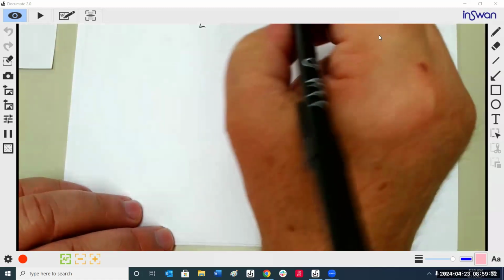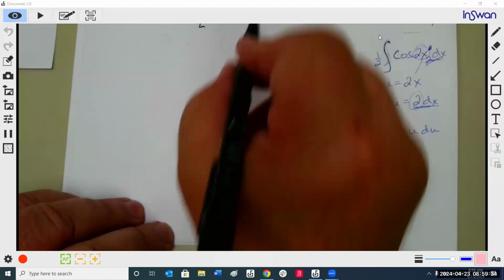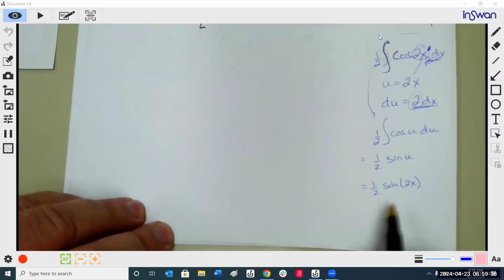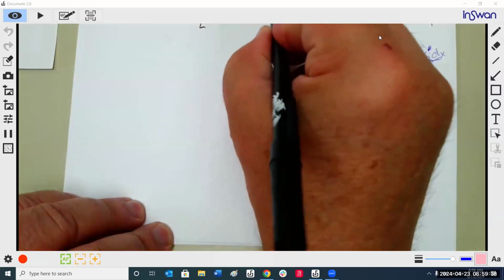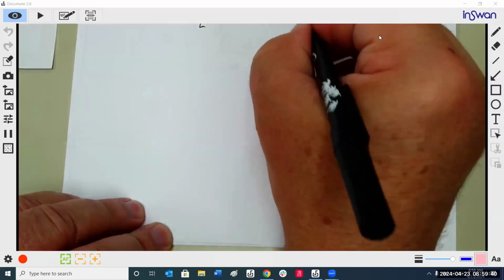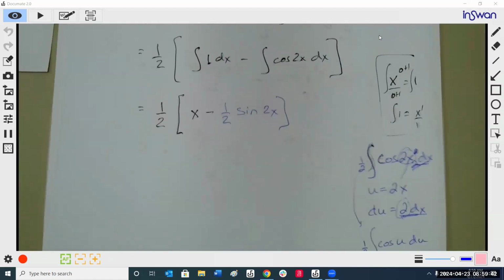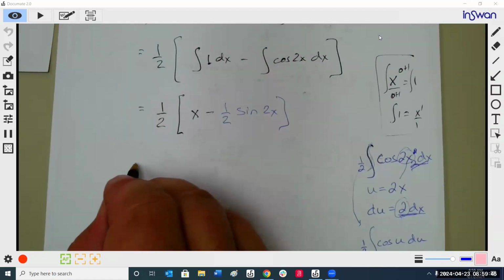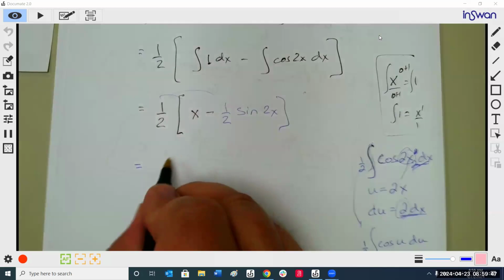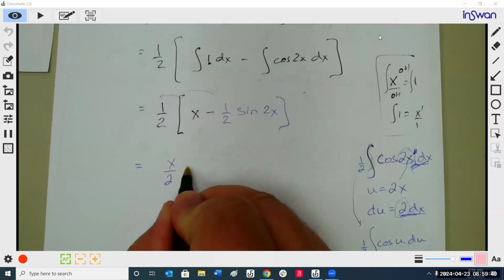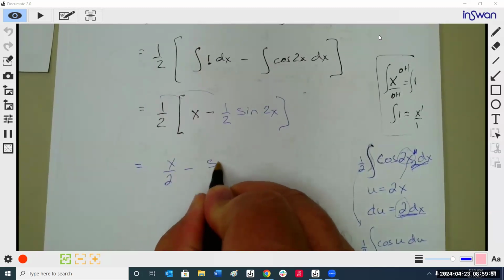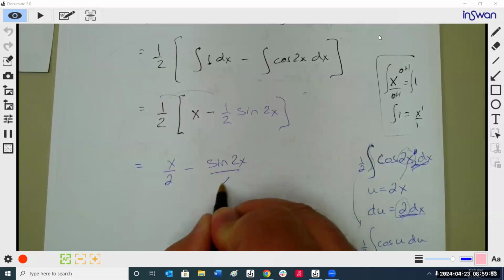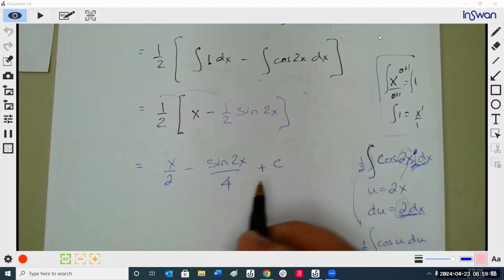So it's not an exponent, it's my coefficient of dx. All right, so this one becomes 1/2 sine 2x. Distribute, I got x over 2 minus sine 2x over 4 plus c.